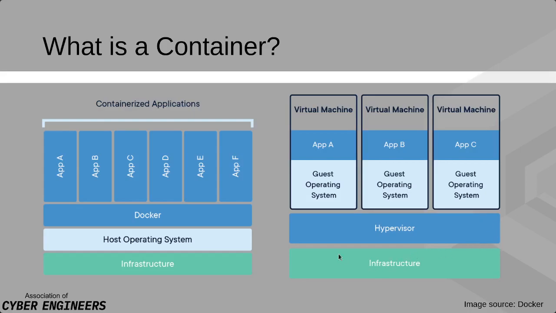So containers came along, and they do things a little bit differently, because instead of an operating system hypervisor, which lets you run several different operating systems, you just have the one singular operating system, and you use a container program like Docker to separate out that operating system into several different containers, which have a lot of the same isolation benefits as operating systems, but don't take nearly as long to start up or do anything with, and they're a lot more lightweight.